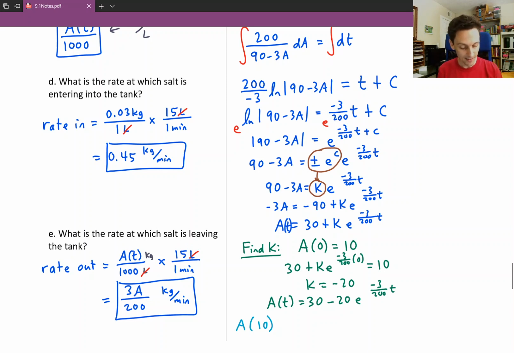We can just plug in any time we want. Let's figure out how much salt there is after 10 minutes. It turns out there's about 12.79 kilograms of salt.